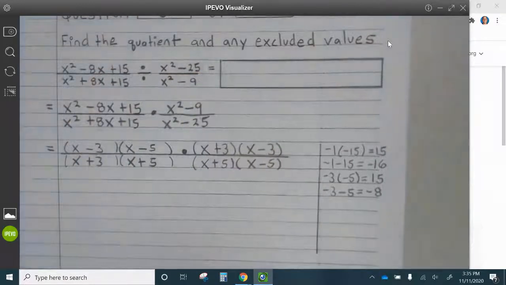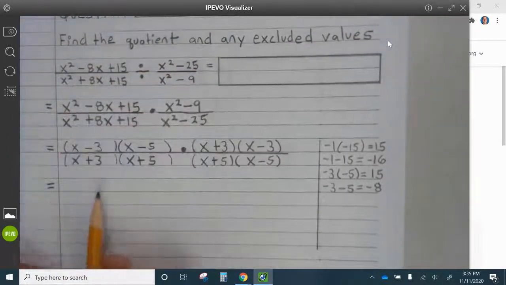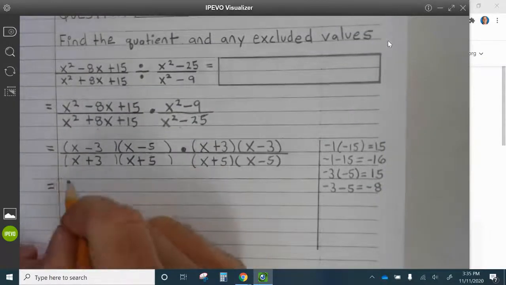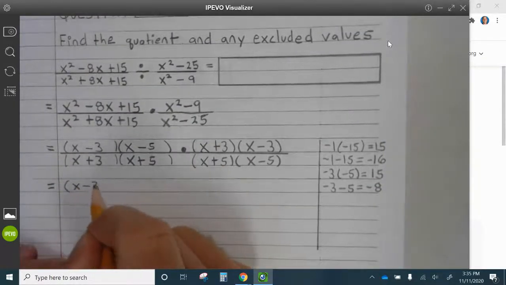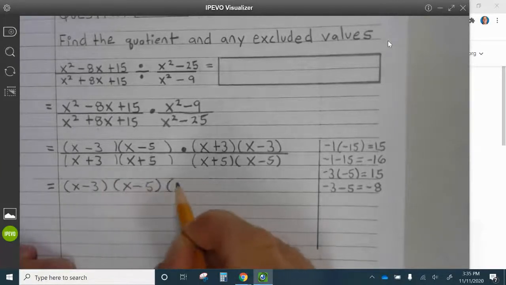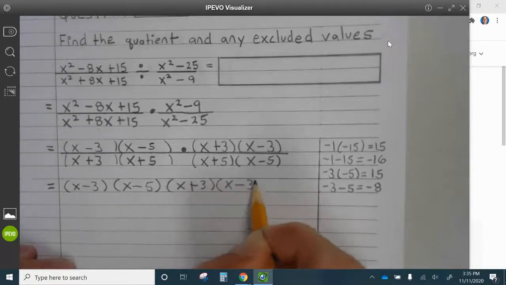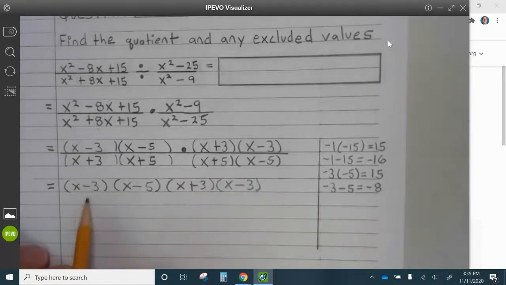Okay? Now, we need to rearrange so we can divide out any special ones. But let's just leave the numerator alone. It's easier to rearrange the denominator. Okay, so do we have any x minus 3s? We don't. Do we have any x minus 5s?